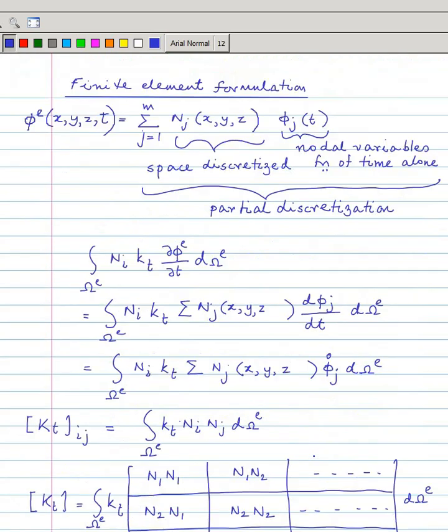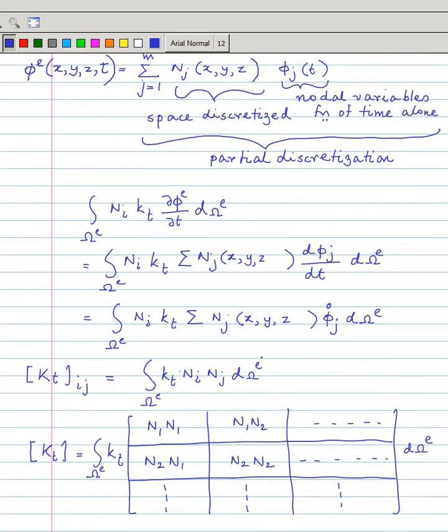Now wherever you get repeated index, generally in this course we assume that summation is implied over the repeated index. That means you can omit the summation sign automatically. Since j is repeating, there is a summation over j, so you can omit this summation sign and write it like this.